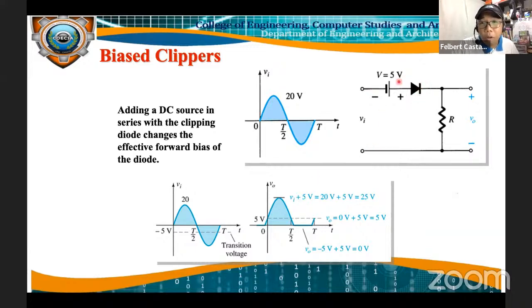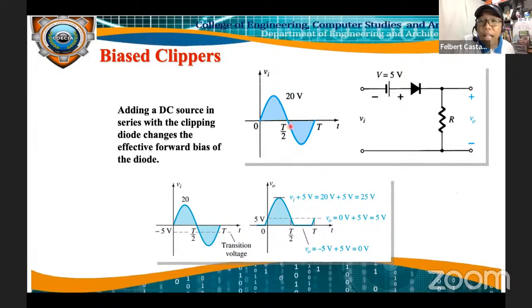Kapag meron kang DC dito, anong mangyayari? During the positive half cycle, 20 volts, gagana yung diode natin. Kapag ideal, zero yung voltage dito. So 20 plus 5 volts, ang nababasa mo na voltage is basically ganito.